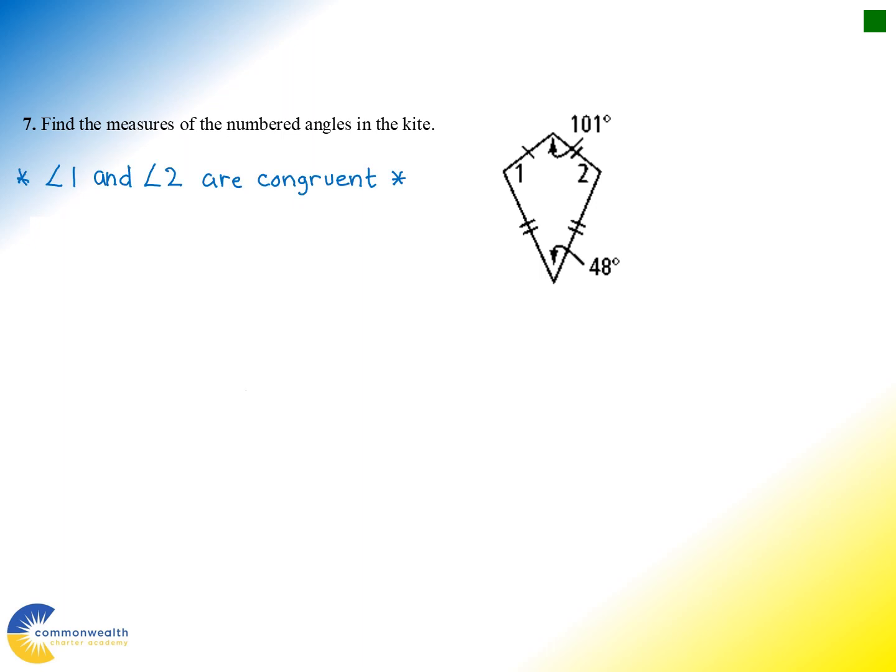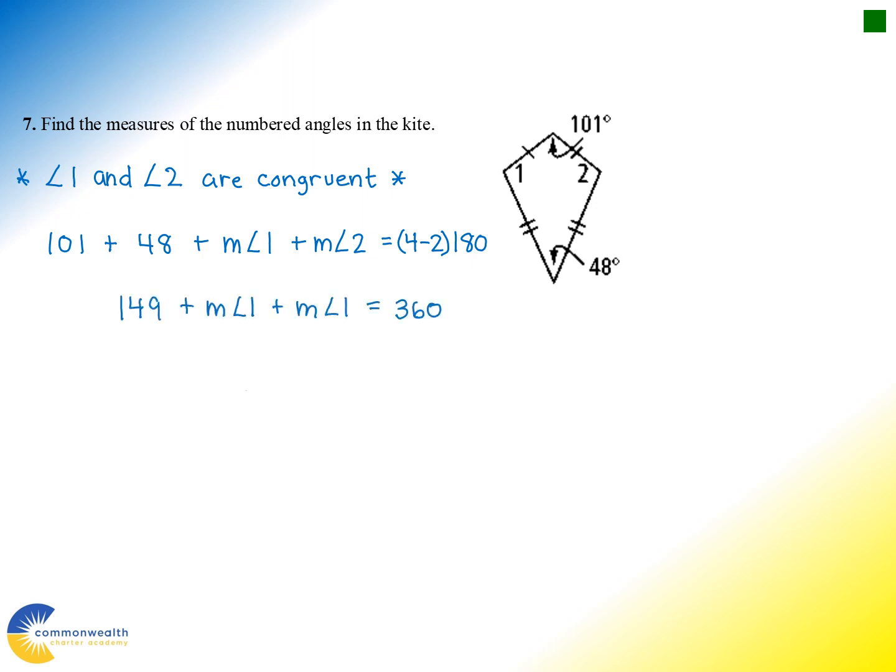And if they're congruent, that's also going to be helpful to me, because now I can use the fact that it's a kite, but it's also a quadrilateral. And the four angles of the quadrilateral should total 4 minus 2 times 180, which is 360. And since angles 1 and 2 are congruent to each other, I can replace the measure of angle 2 with another measure of angle 1.